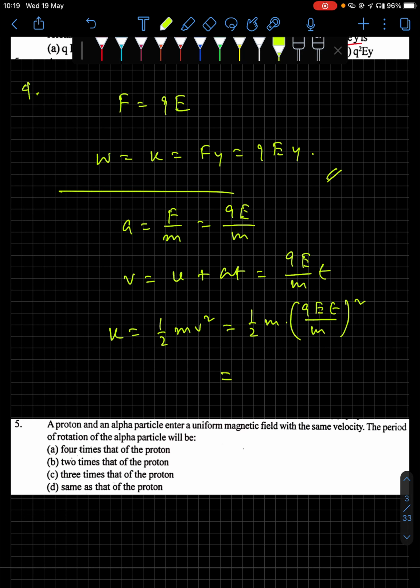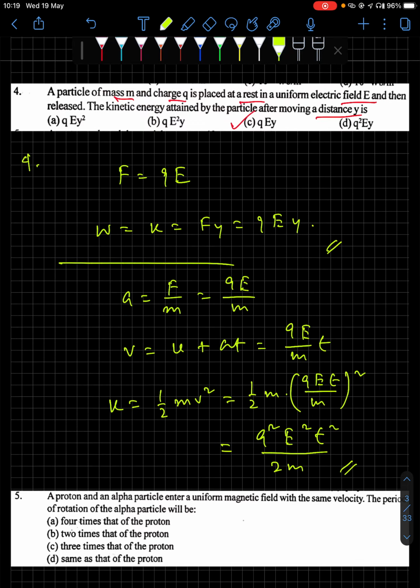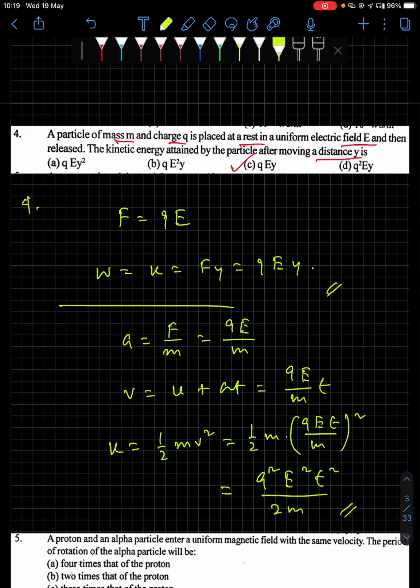Now you can have q square E square t square by 2m. So the same question can have this result also, in case you have time and mass in the options, then you have to explore this solution. However, for the given question, our answer is option number C.